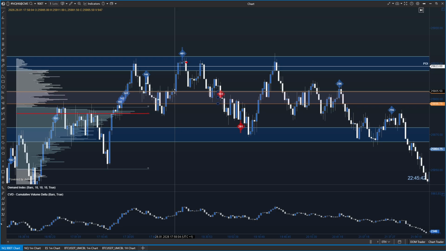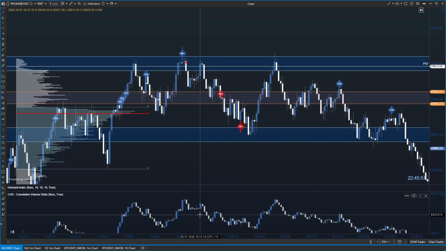So at around 6 p.m., they just chop, break, went down, chop. And then I thought, okay, here in the delta, you can see aggressive buyers coming to step in.